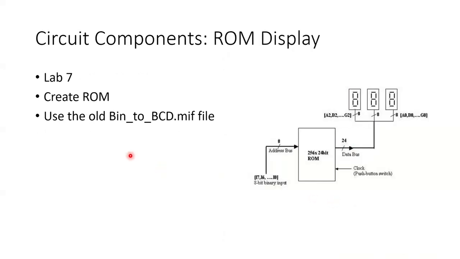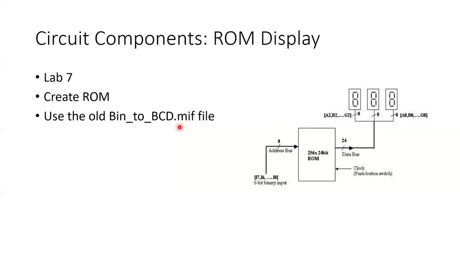Now let's look at the ROM display that we are going to require, which is similar to what we created in lab 7, but we are going to create the ROM again. You can copy paste the binary to bcd.mif file that you created in lab 7.